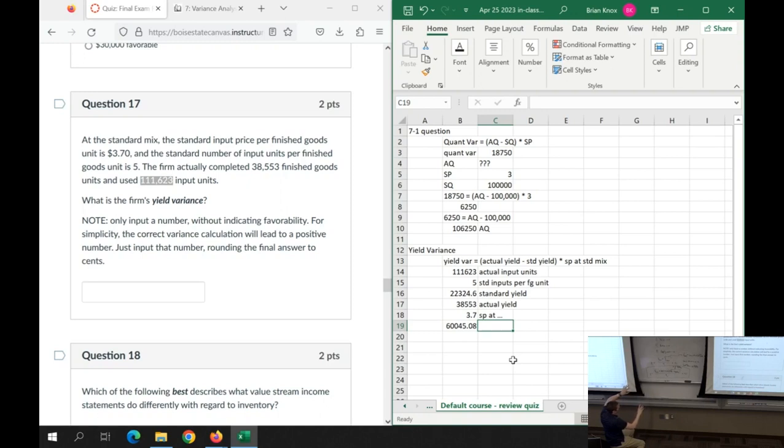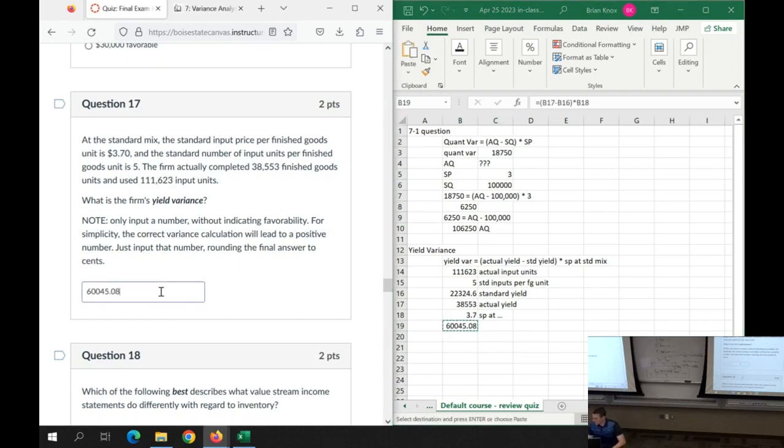That would be favorable, and it would be negative. That's the typical. Instead, we're holding constant the input and moving up and down actual finished goods versus the standard finished goods we're expecting. Okay, so positive is going to be favorable here for us, and rounded to cents already for us. Questions on that one?